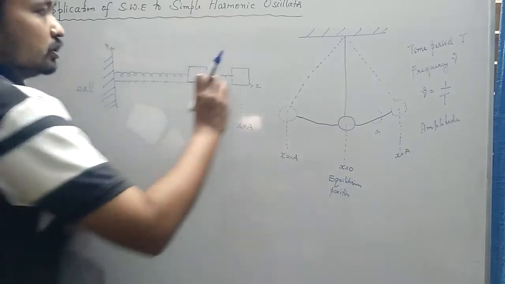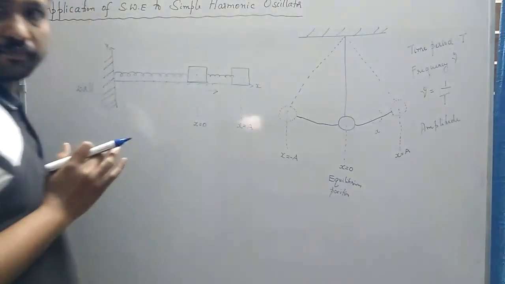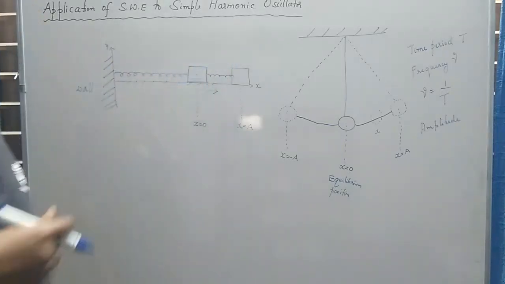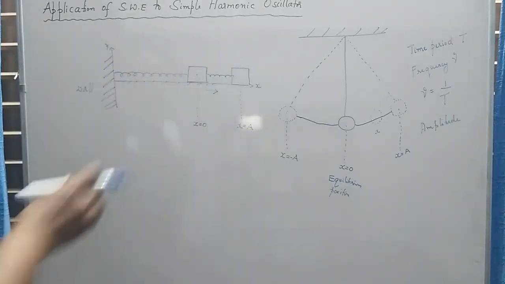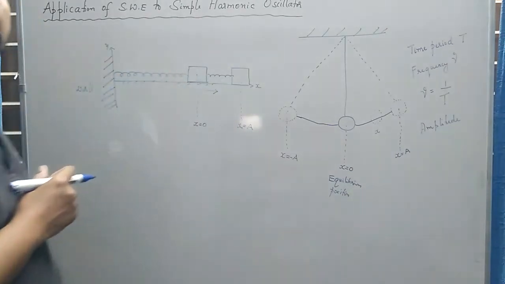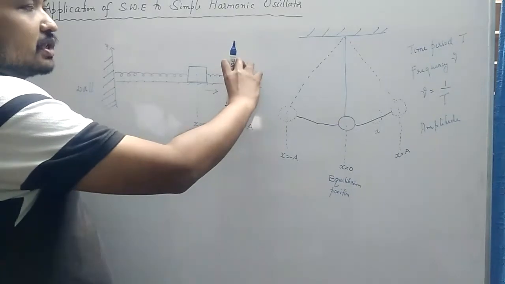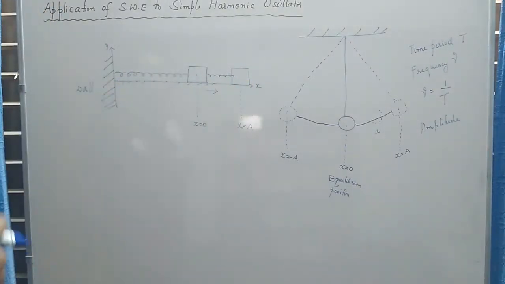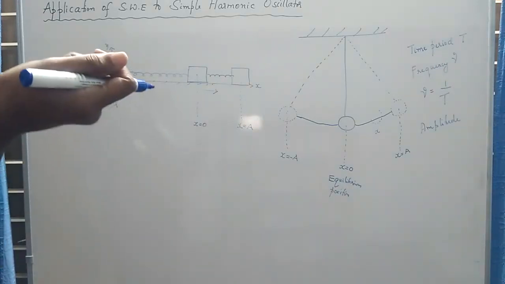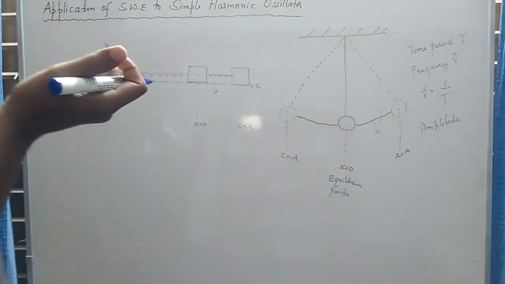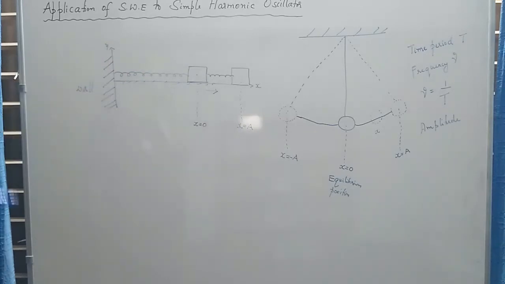Okay, so if I gently leave the object, it will not remain there because the spring is not in its natural state. Okay, this is the natural length of the spring. So when the object is kept here, the spring is elongated, which is not its natural state. So what this spring will do is it will try to apply a force on the object and try to bring that object back to the equilibrium position.